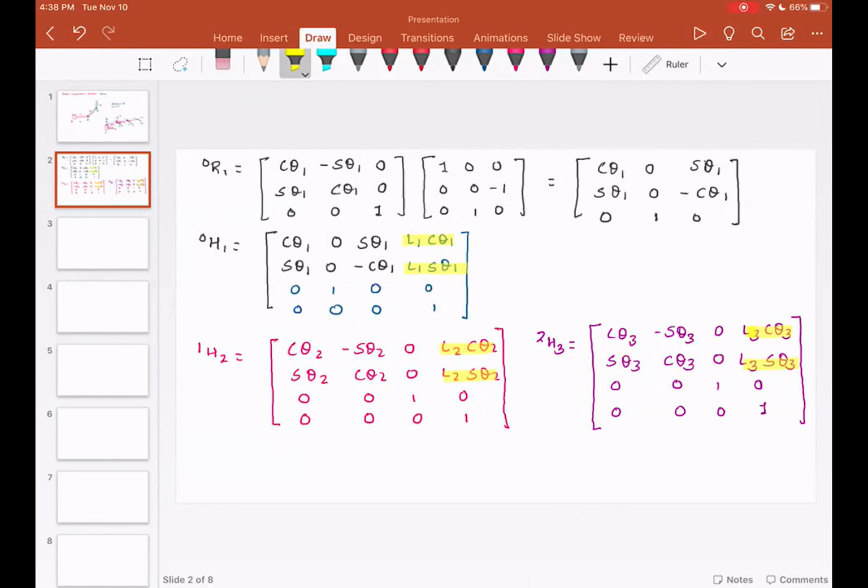So finally, what you are going to do is you are going to have 0H3 equal to 0H1, 1H2, 2H3. And you can solve this using MATLAB, and that gives you the forward kinematic equation. So this gives you the forward kinematics.